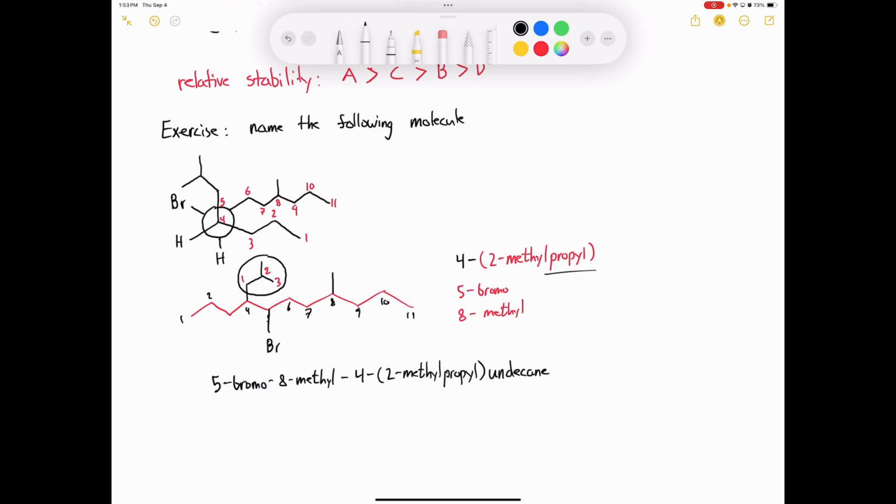Everything coming off the circle is on the 5th carbon. There's a bromine there, and there's an H there, and attached to the left is the rest of the chain. So that's why that one's the 5th. The 4th is the center of the circle, and we can see that the isobutyl group is coming off the center of the circle. So that's why that's carbon 4.